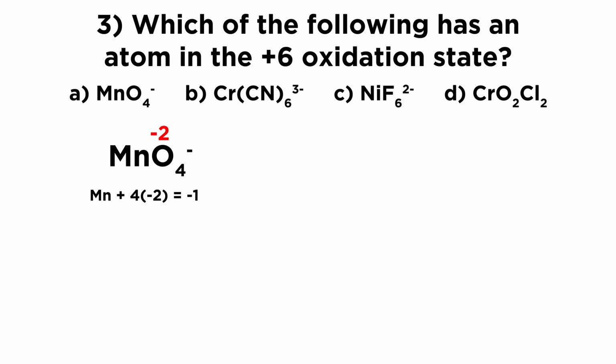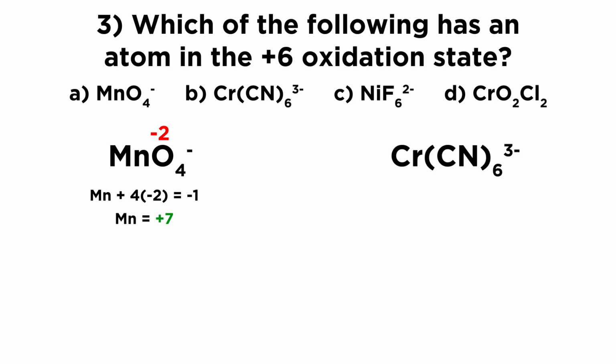And so whatever the oxidation state is for manganese, we add to that 4 times -2, which comes out to be -8, and that all has to add up to -1, because that is the net charge on this polyatomic ion. So manganese must be +7, because if we take +7 and then we subtract 8, we do get -1. So manganese must be +7 in this polyatomic ion, so that's not going to be the answer because we're looking for +6.